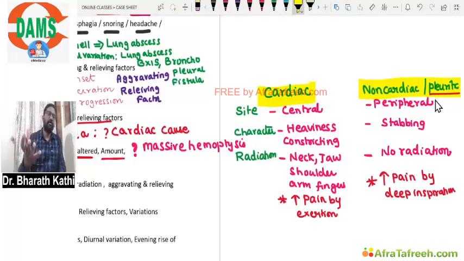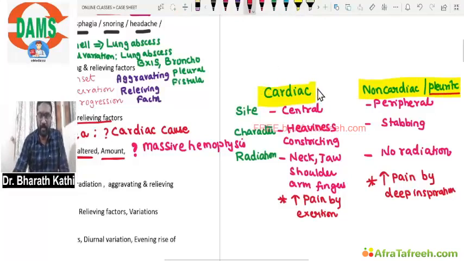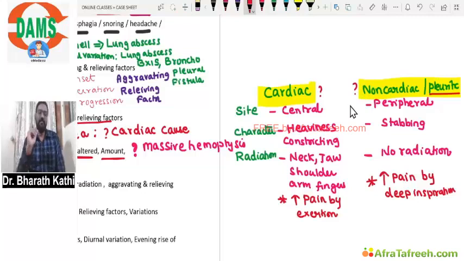Whenever you say there is chest pain, the examiner might ask how you will differentiate cardiac chest pain and pleuritic chest pain. You might feel these are very basic questions. Why will an examiner ask me, I am an advanced pulmonologist? Keep this in your mind, students: whenever there is an examiner in your exam, he will first test your basics.